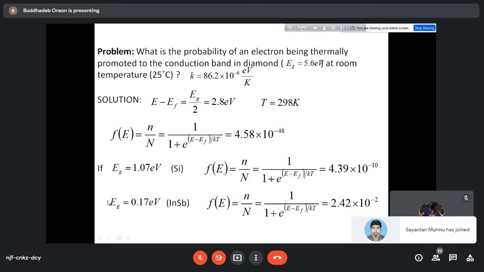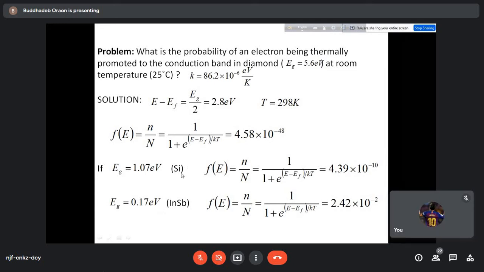The point is that the energy gap is quite low here, 0.17 electron volt only. For silicon, we know it is 1.07 eV for pure silicon, and for diamond the Eg value is about 5.6 electron volt.